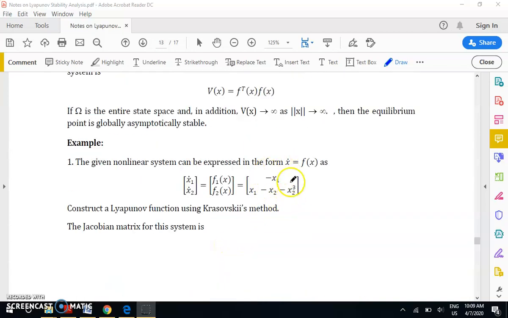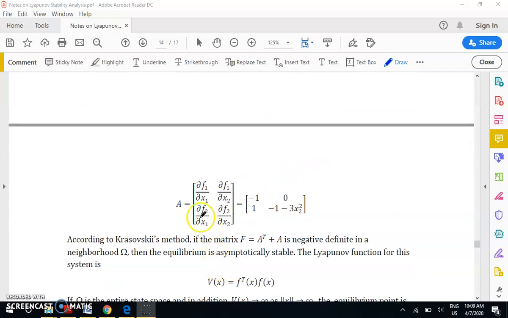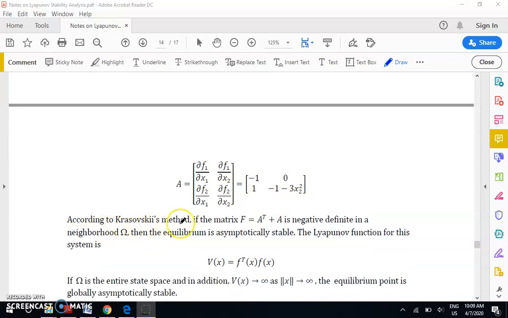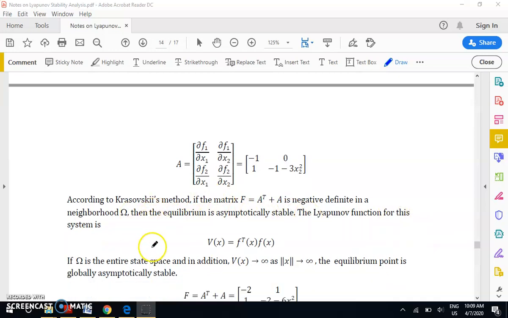Taking the partial derivatives of these functions, we have A as minus 1, 0, 1 and minus 1 minus 3x2 square. Now according to Krasovsky's method, if there exists a matrix F which is A transpose plus A which is negative definite in a certain neighborhood Omega around the origin, then the equilibrium is asymptotically stable and the Lyapunov function for the same is V(x) equals f transpose(x) into f(x).